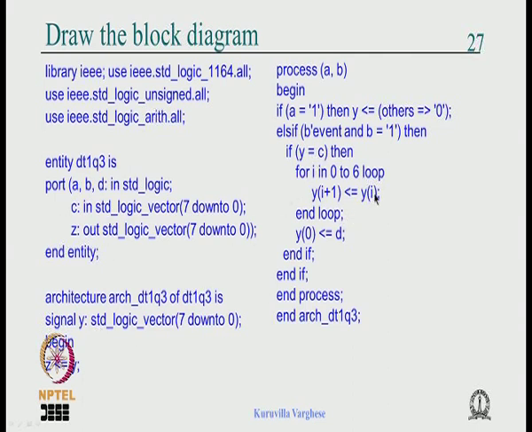If that is 1, then Y(i+1) gets Y(i) and Y(0) gets D. So it is a kind of shift, or a mux which is doing the shifting: a single-bit left shift where the least significant bit gets D. So it is a shift register where A is reset and B is clock.